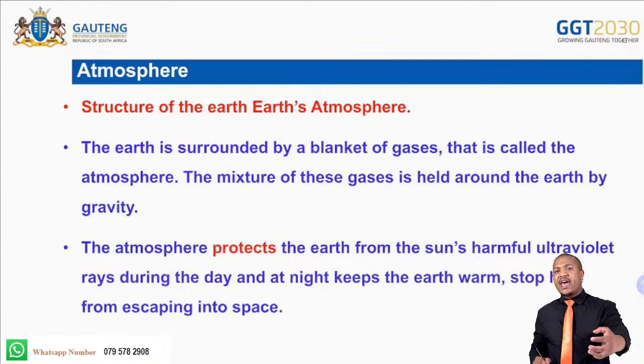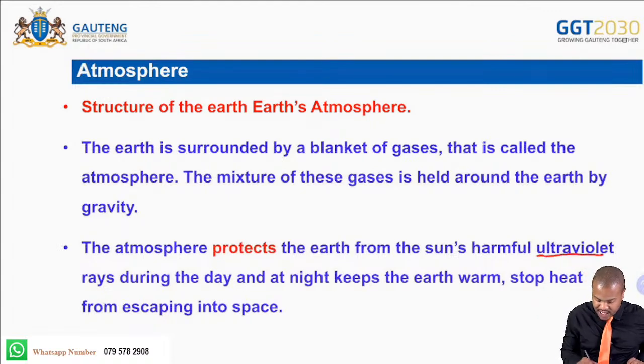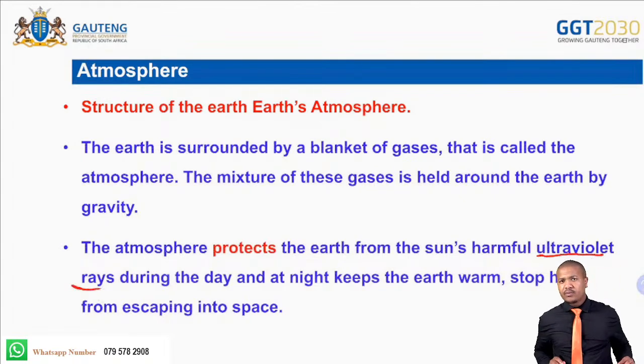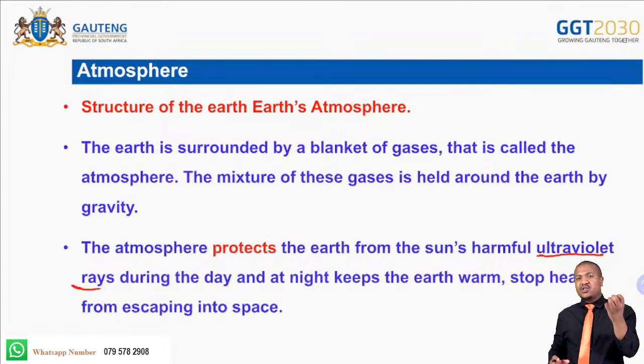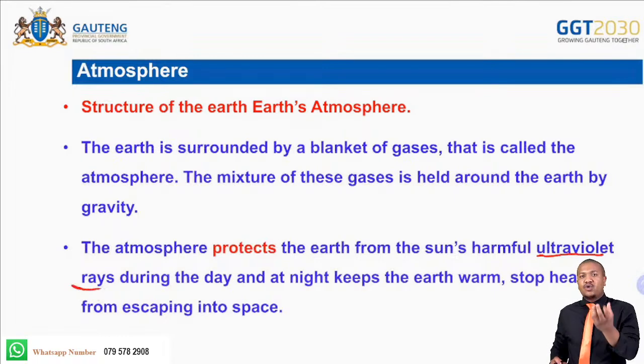And the atmosphere is there to serve as protection from the sun's UV rays. It protects the Earth from the sun's harmful ultraviolet rays during the day. During the day when there's insolation, the incoming of the sun's UV rays, there's some absorption of some of the rays in the layers of the atmosphere, to help reduce the heat that is coming to us on the earth.